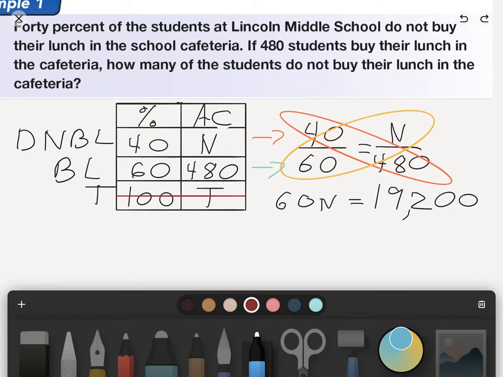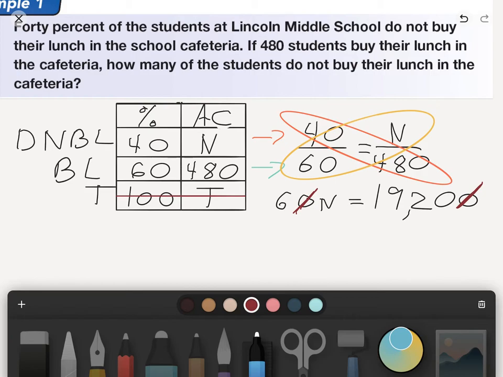Okay, so moving along here. Now that I look at this, I can divide each side by 10, which is basically just eliminating a 0 from each side. All right.